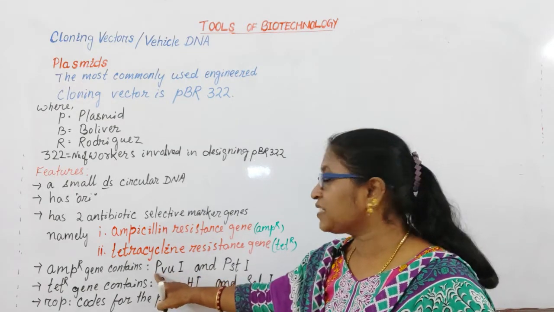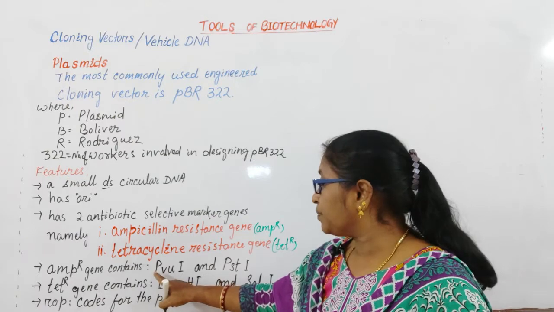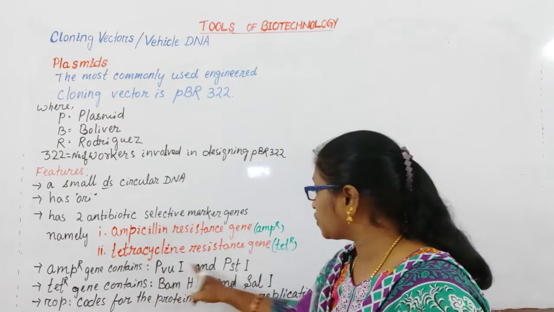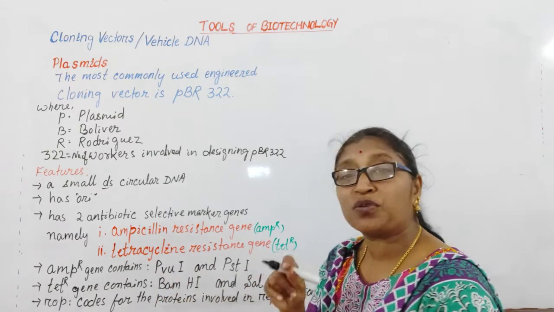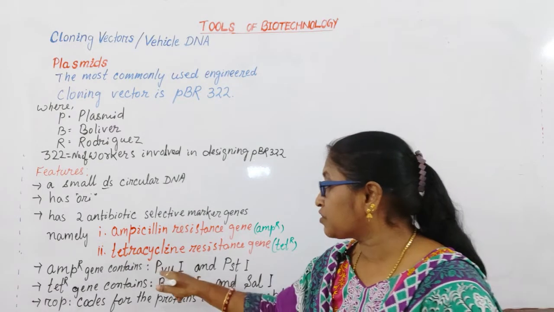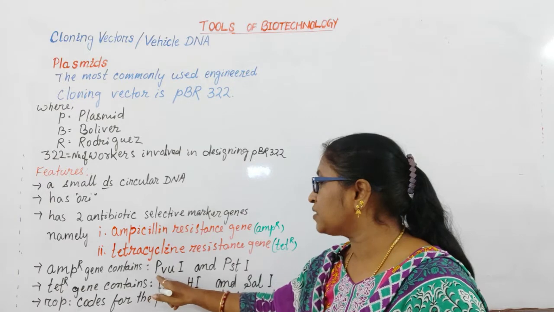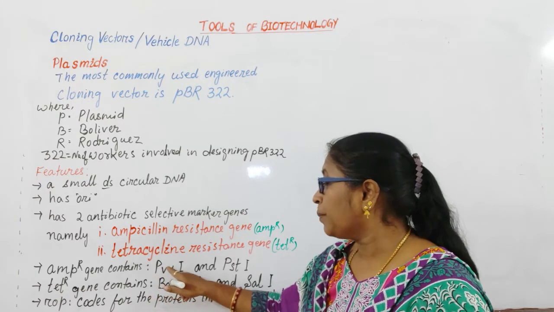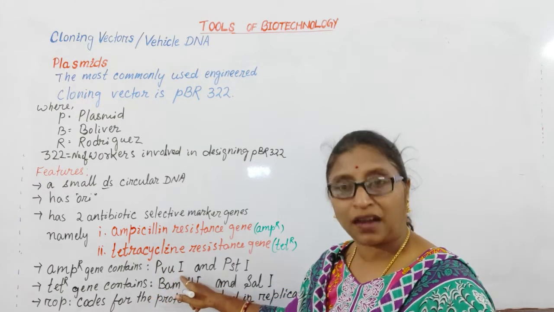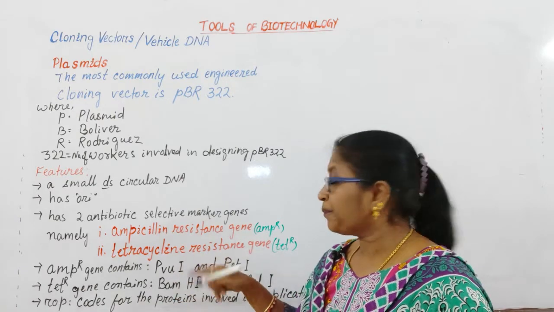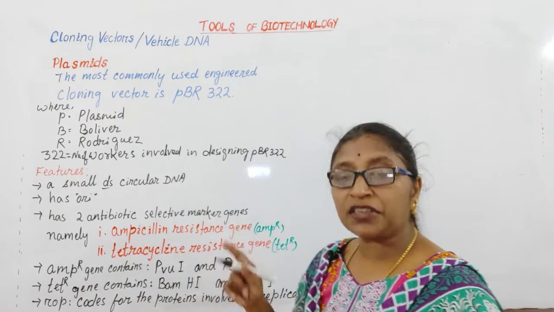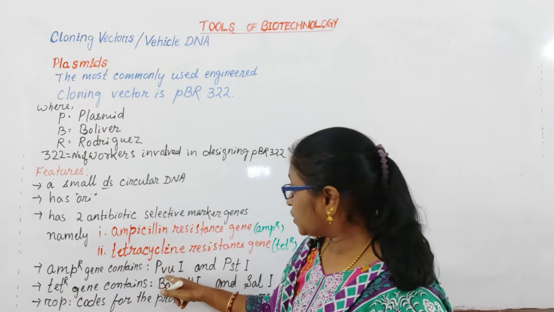These are restriction enzymes, and these are the recognition sites for the restriction enzymes. In PvuI, P is the first letter of the genus, vu is from the species, and 1 is the number that tells which restriction enzyme of that species.